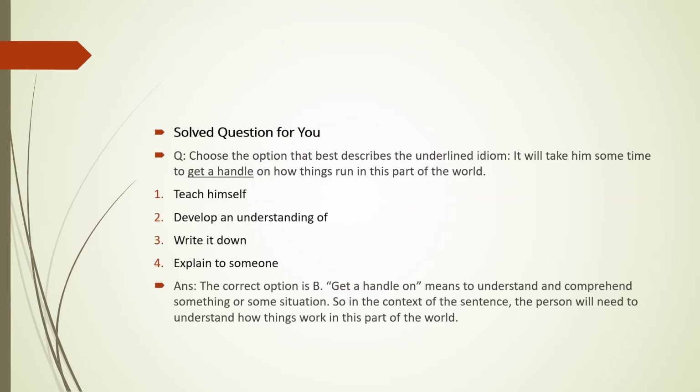Now there are some solved questions, like: choose the option that best describes the underlined idiom. These kinds of questions may come. It will take him some time to get a handle on how things run in this part of the world.